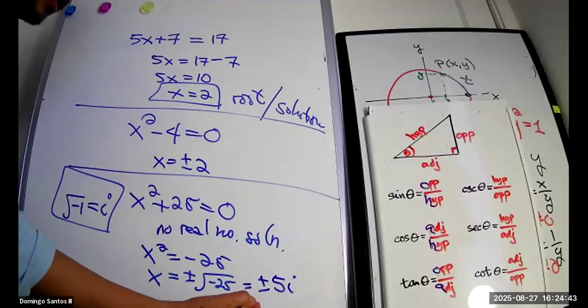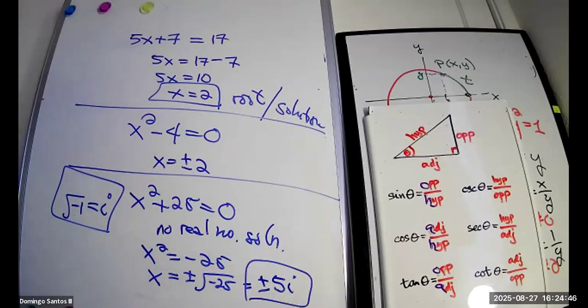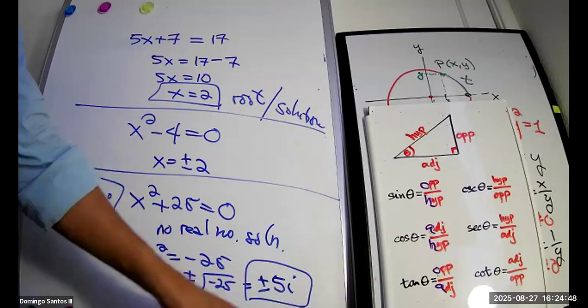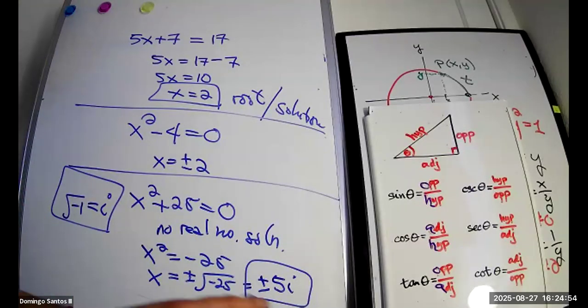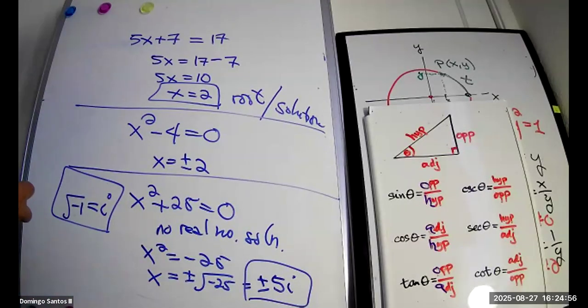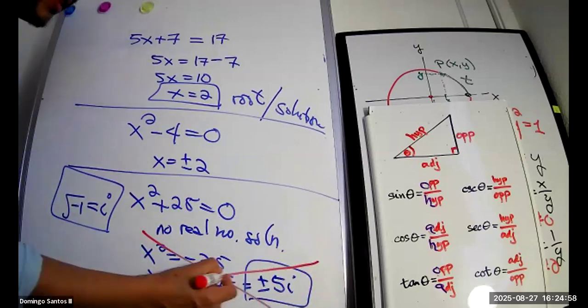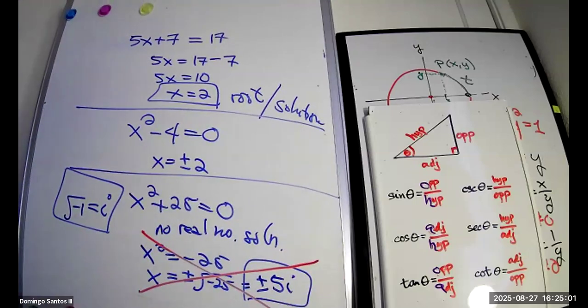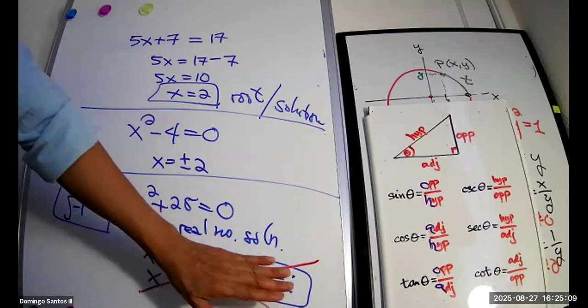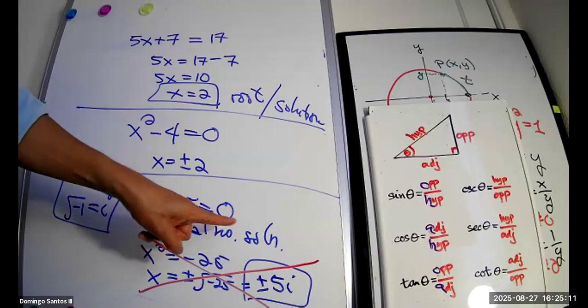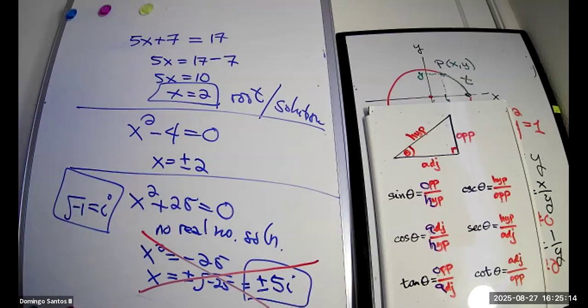So the solution to this is positive, negative 5i. But with calculus, we wouldn't be using imaginary numbers. There's another branch of math which we call complex analysis that would work on imaginary numbers, but we're not getting there, okay? So at this point, we'll just say that this has no real number solution.